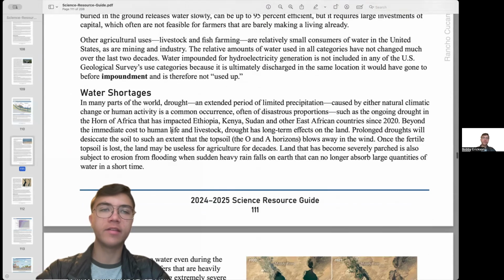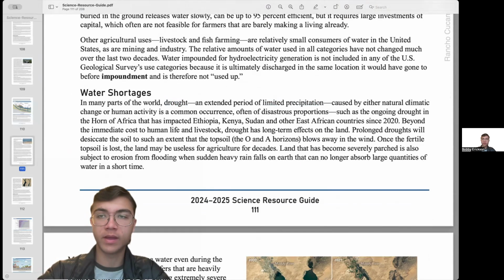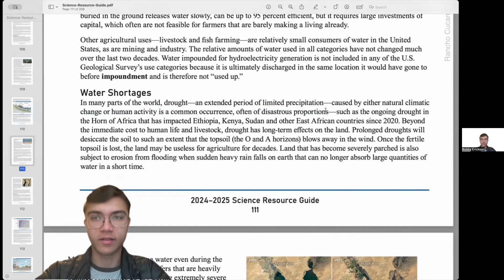So then we start to get to these ideas of, well, how do water shortages happen? A lot of this is drought, an extended period of limited precipitation. This is caused either by natural climate change or human activity, and this often creates disaster in several places.